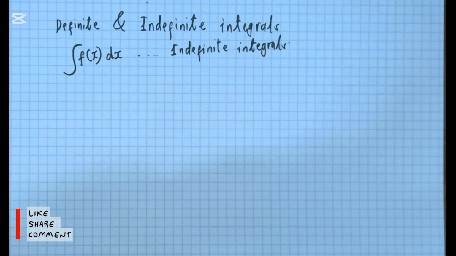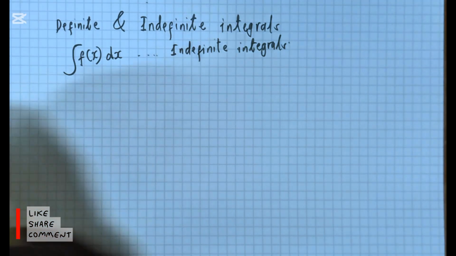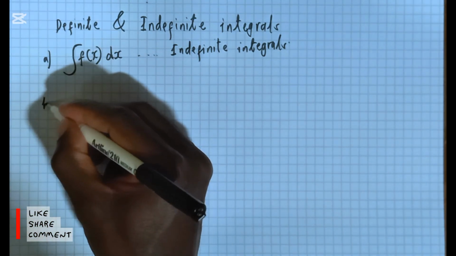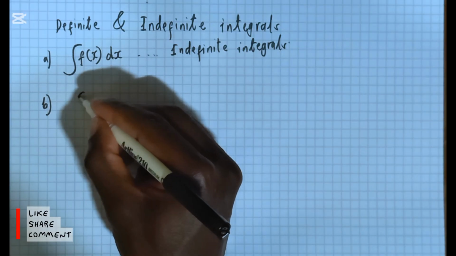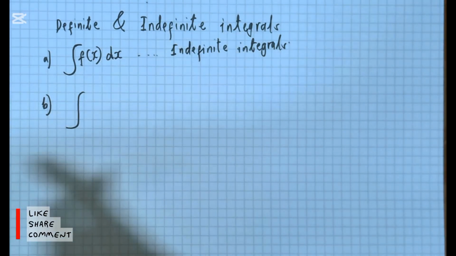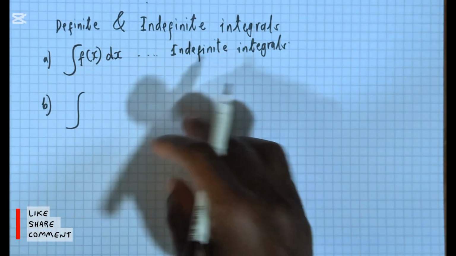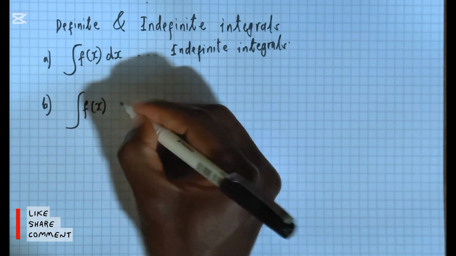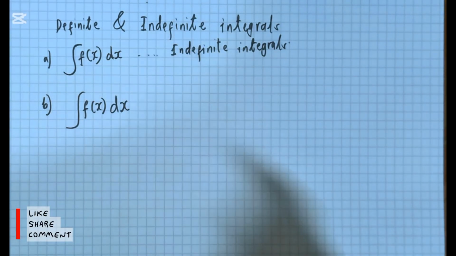However, if you're given a second scenario B, of course, you're given an integral problem. Remember, this simply means that you're supposed to integrate a function f of x with respect to x, all right?